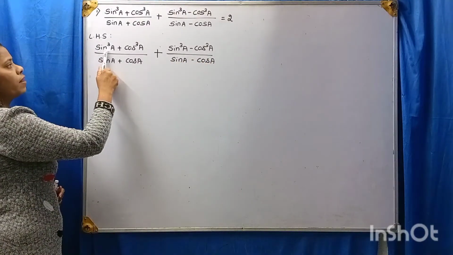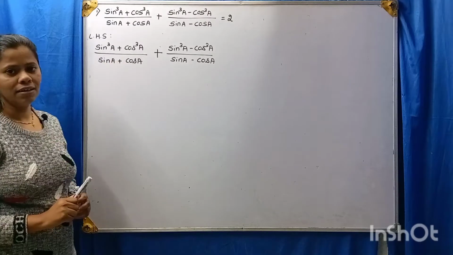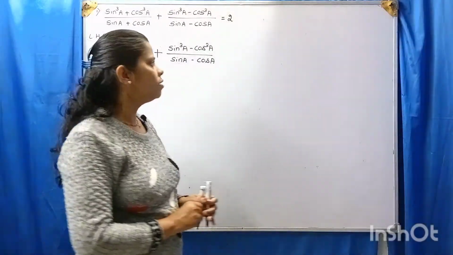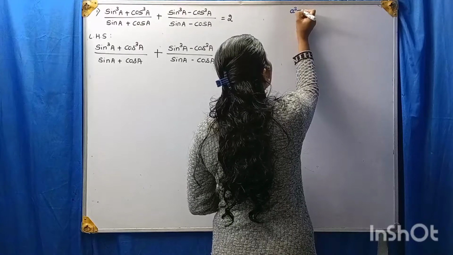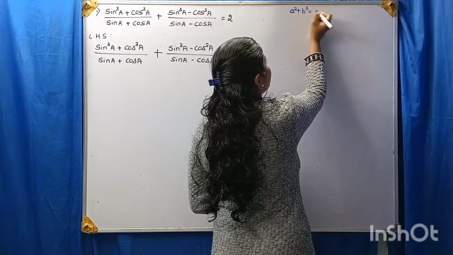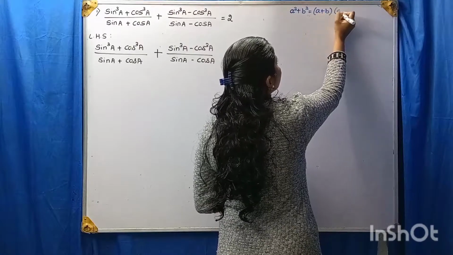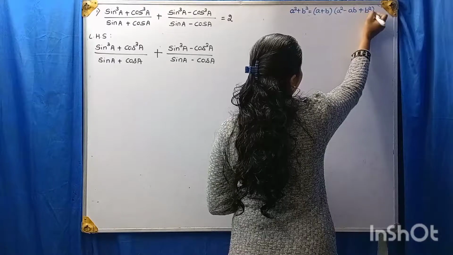Now observe this one. It is in the form of A cube plus B cube, right? And we know the formula of A cube plus B cube. What is the formula? A cube plus B cube is (A plus B) into (A square minus AB plus B square).